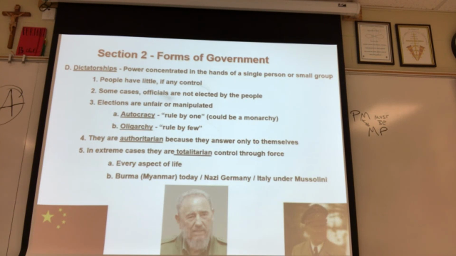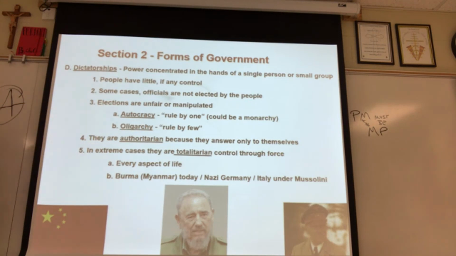Okay. So at the top there, power concentrated in the hands of a single person or small group. Okay? Dictatorships only answer to themselves. Okay?